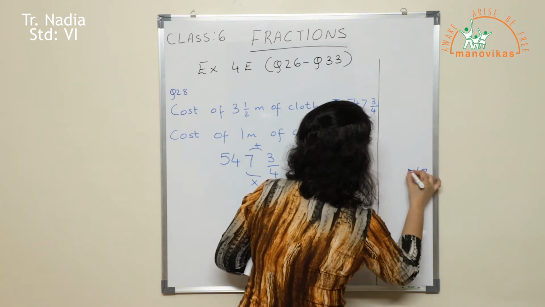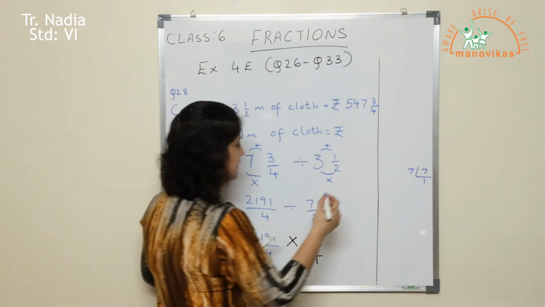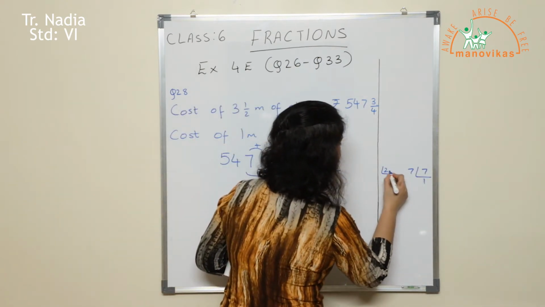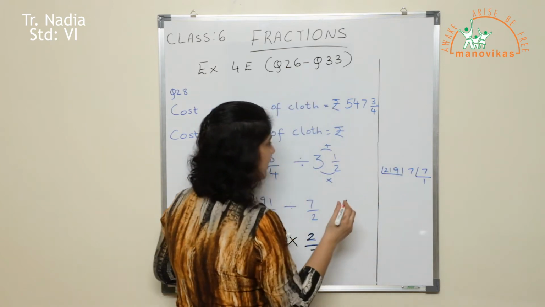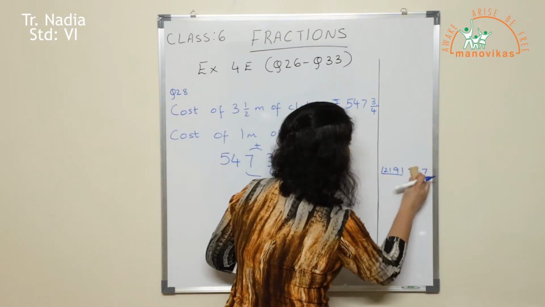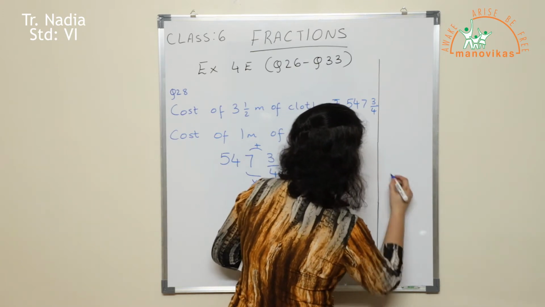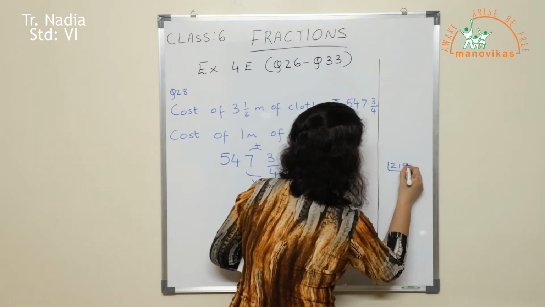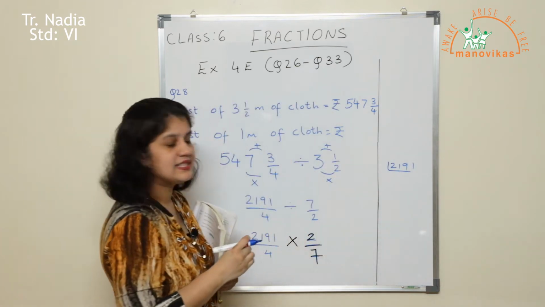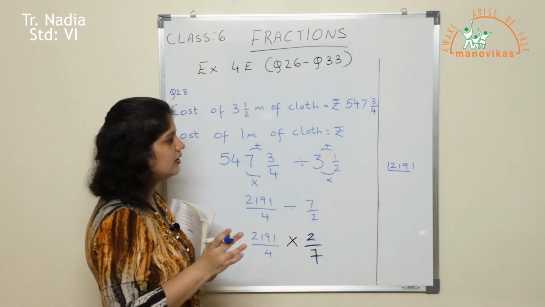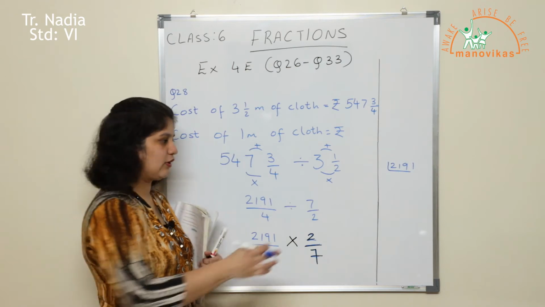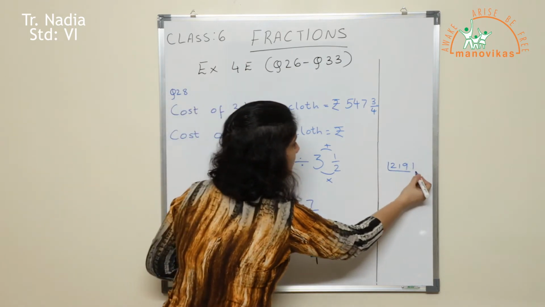So 7 can be factorized using the 7 times table of course. Let us see how I can factorize 2191. I can make use of the 7 table only here because the 2 table cannot be used since it's an odd number.